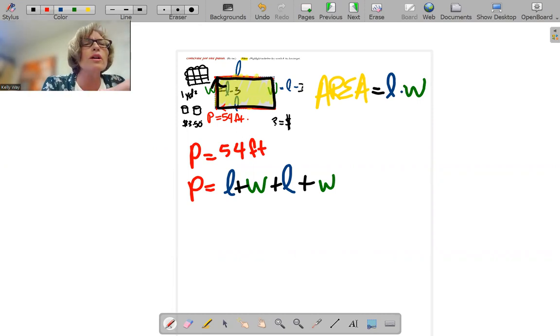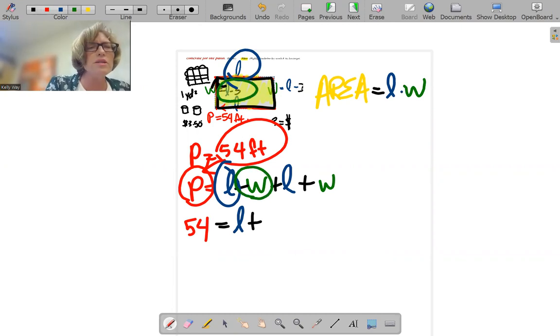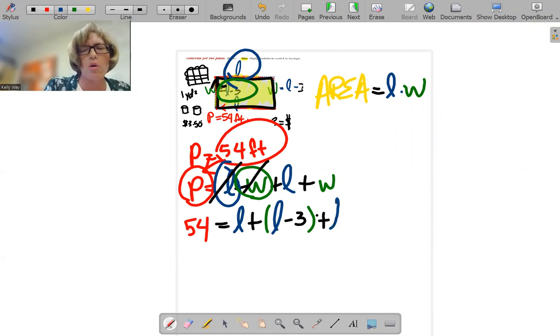So let's circle, plug, chug. See if we can do anything with that. Circle. I'm going to replace the W with the length minus 3 plus, notice I cross it out as I go.